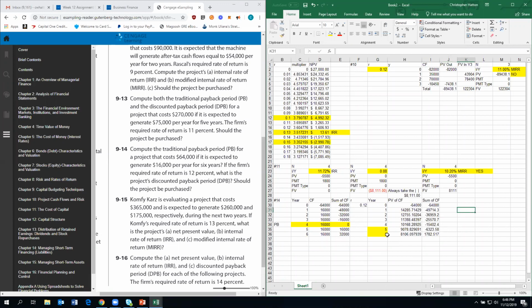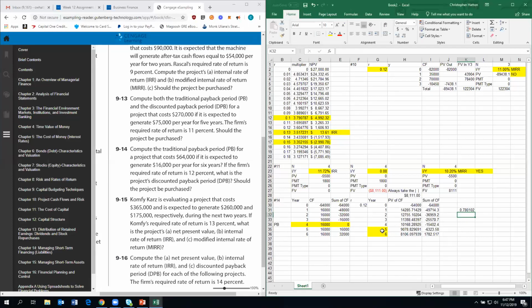So to figure out what the decimal is, we take the absolute value of this number, 6323.58, divided by this number, our last present value of cash flow for the final year.